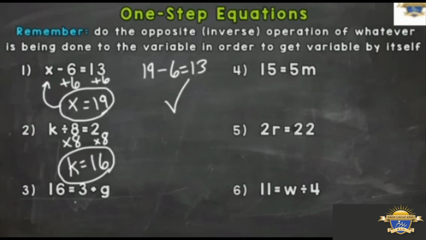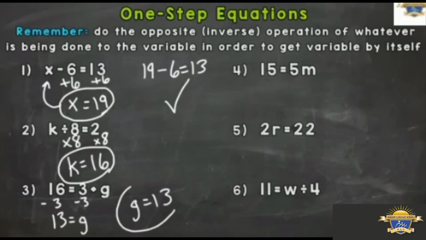So we need to subtract 3, and we need to do it to both sides. So we get g equals 13. Now we need to write the variable first. G equals 13. And then check that 13 plus 3 equals 16. Yes, so we are right.